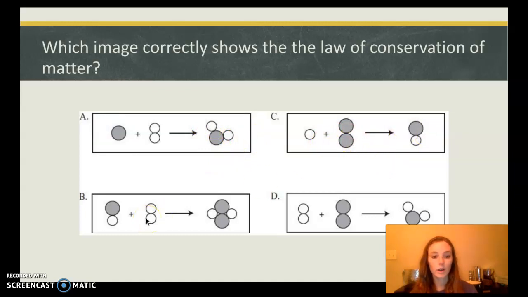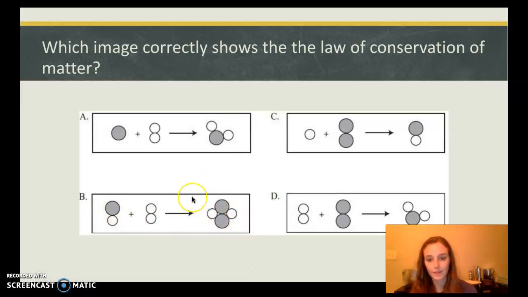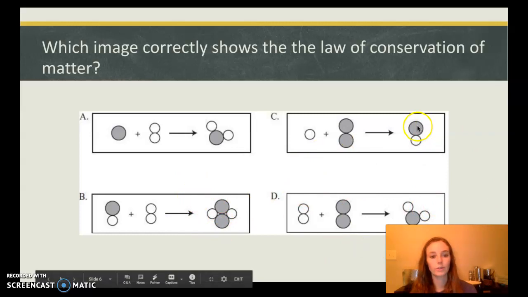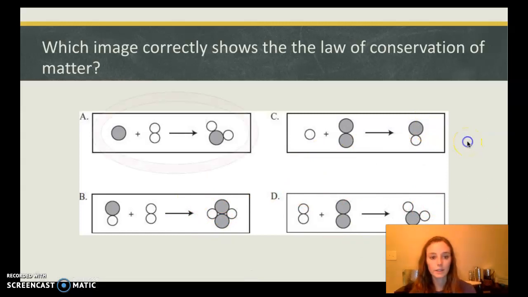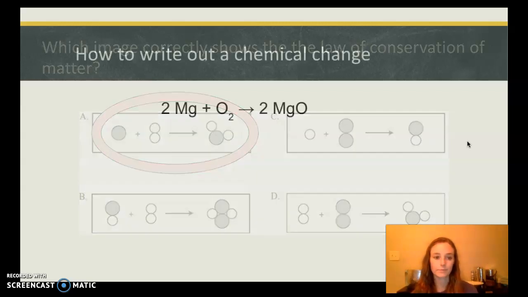This one we have too many dark grays, not enough whites on the product side. And then here, this one does not follow the conservation of matter either. So this is the only picture that has the same number of dark gray and white on both sides, meaning the law of conservation of matter has been followed.